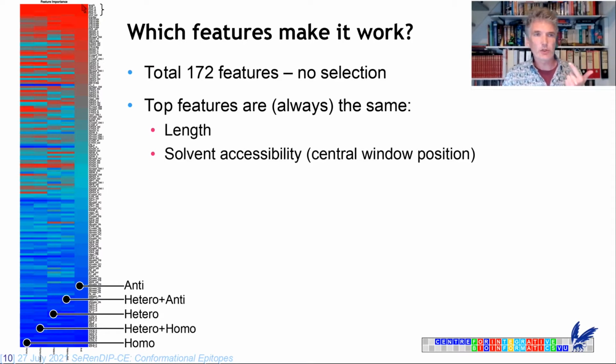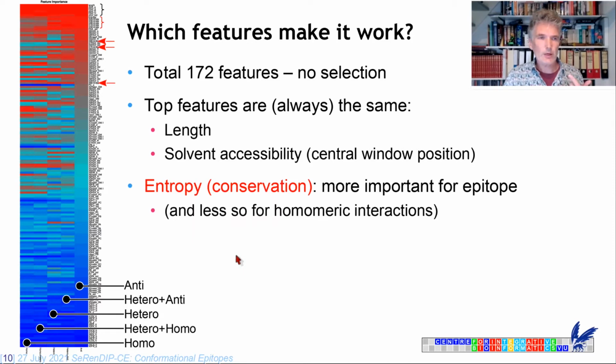And that's just the solvent accessibility for the central window position, and the other window positions are a little bit lower in the ranking. The ranking, by the way, is done by the feature importance of the antibody-specific trained random forest model. Now then we see a block of entropy that measures conservation, and you can see there's a red block here, which basically says that this is more important for epitope binding than for the other models.